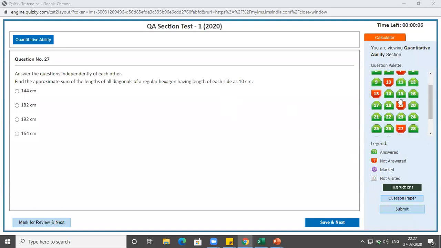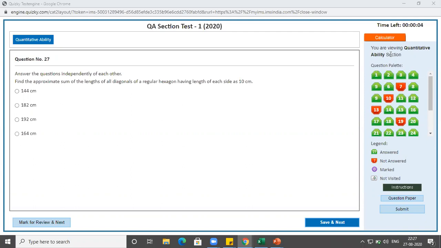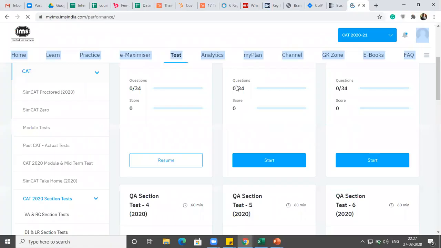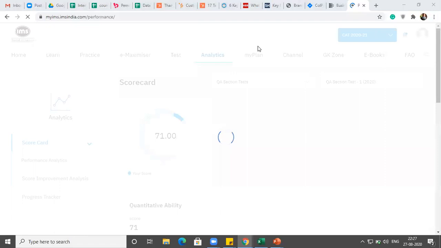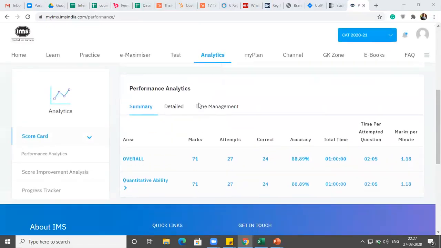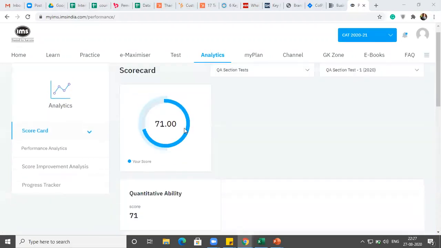1, 2, 3, 4, 5, 6, 7 questions we have left, that's like 27 questions we have attempted. I would say a maximum of 1 or 2 should be incorrect. 2 would be a big number, but let's see. No, 2 is possible because of that decimal one, so 2, 3, I would say. We made 1 or 2 calculated guesses, and yeah, 3 or 4 are wrong. 3 are wrong, right, sorry, 1.